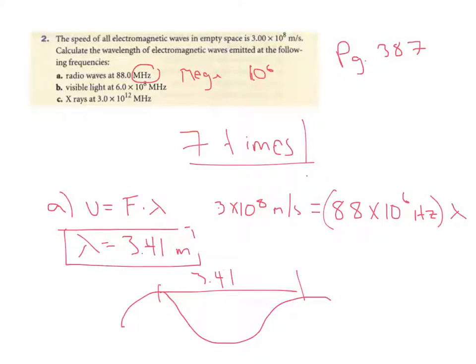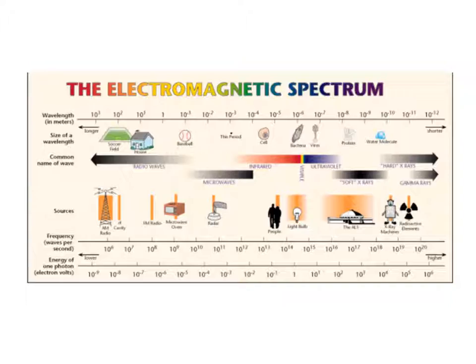But if you go ahead and calculate the wavelength of an X-ray, you're going to see that this one has an answer of 1 times 10 to the negative 10th meters. So much, much, much smaller. Which is why if we look on the electromagnetic spectrum, radio waves, their wavelength is in this range, 10 to 100 meters. And then X-rays are all the way down here, where their wavelength is 10 to the negative 11th or 10 to the negative 12th. And of course, one thing you notice, as the wavelength gets longer, as we go this way, what happens to the frequency?